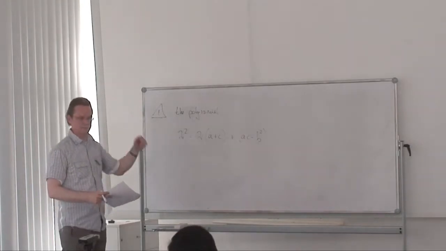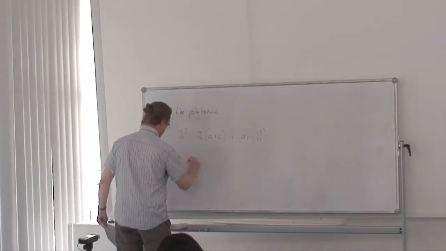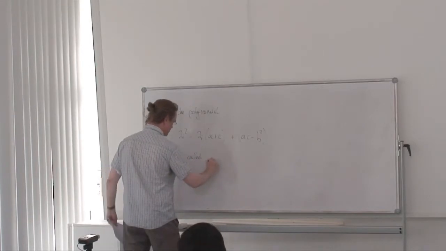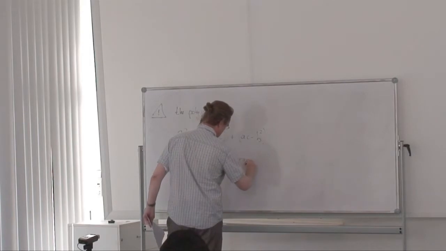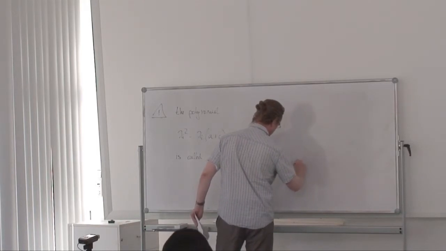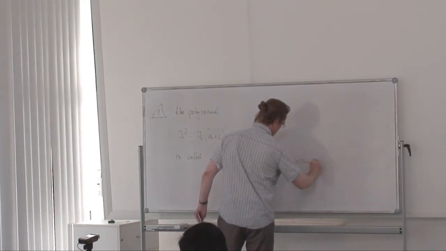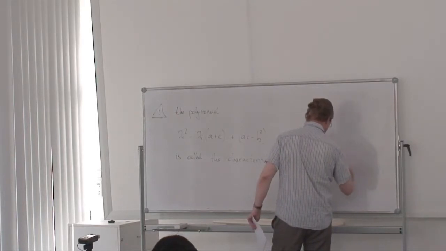I just computed it out, right? Is called the characteristic polynomial of that matrix C.